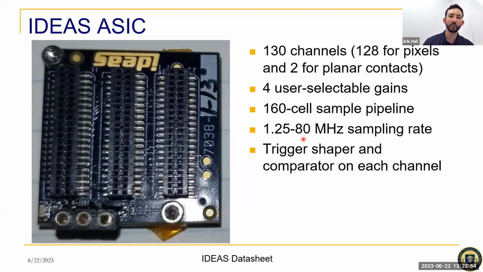It was designed to operate from as fast as 80 megahertz to as slow as 1.25 megahertz. The higher ranges are used for the faster materials like CZT, and we use the lower end, the slower sampling rates, for slower materials like thallium bromide. As far as the circuit architecture, there's a shaper to determine the trigger for each channel, as well as the sampling pipeline.